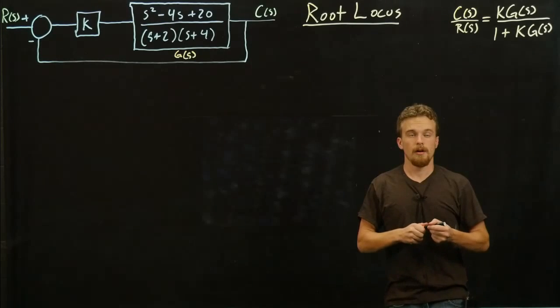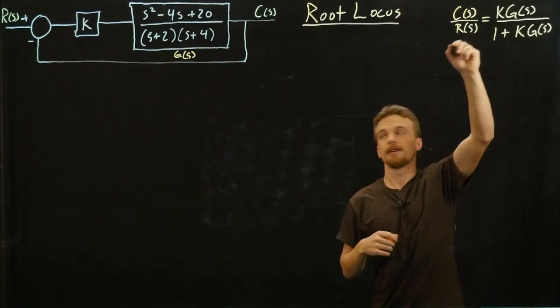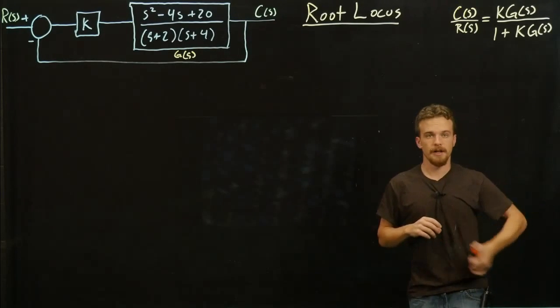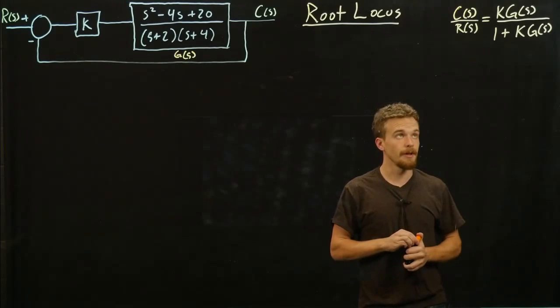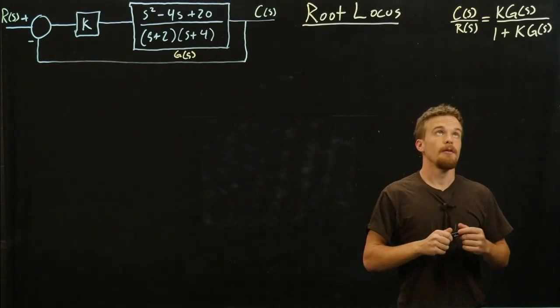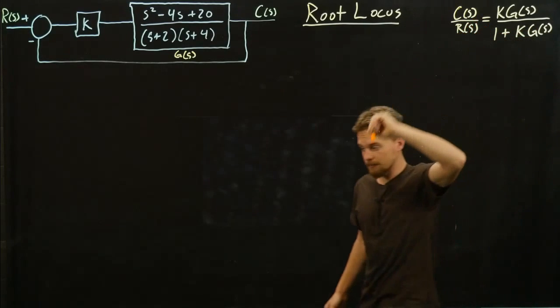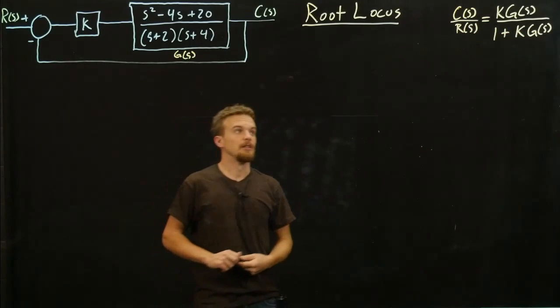And ultimately, we were worried about the poles of this transfer function, right? Because that's what's describing this system here. And the poles tell us quite a bit about how the system behaves. So we'd like to know, for all values of k, what the poles of this system look like. And we can do that with a root locus.